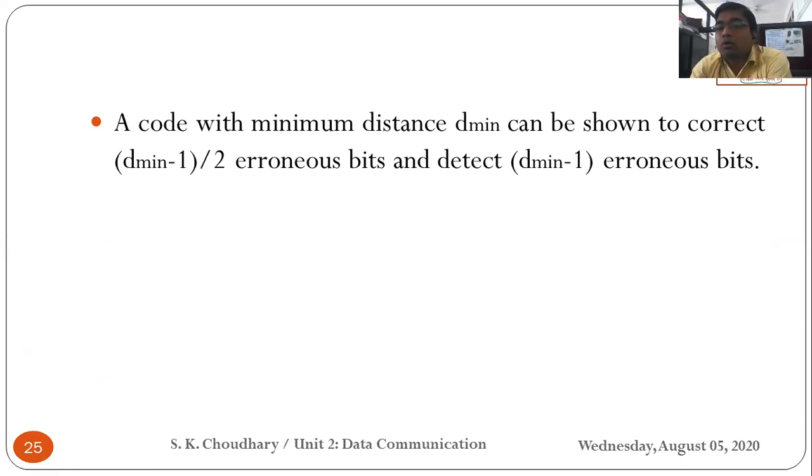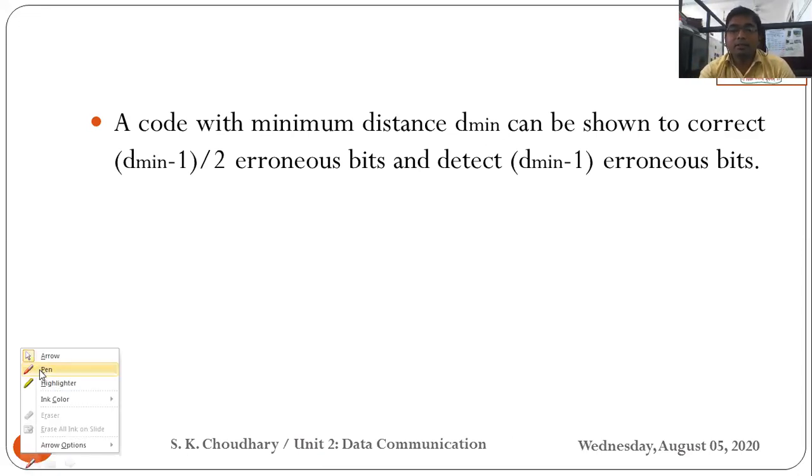A code with minimum distance d-min can be shown to correct (d-min minus 1) upon 2 erroneous bits and to detect d-min minus 1 erroneous bits. So what does this sentence mean?